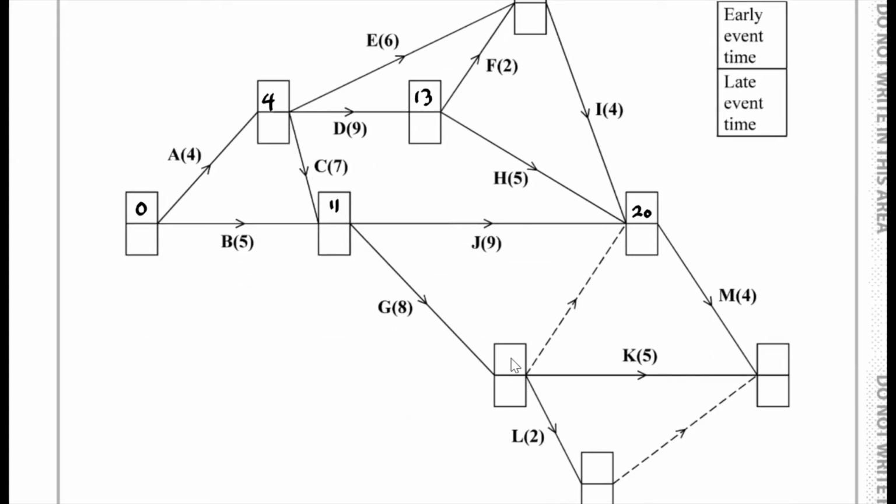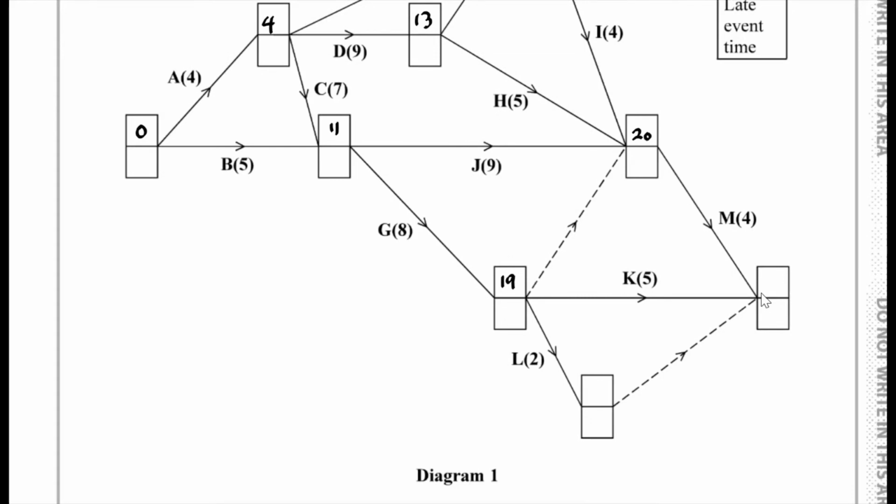If we now consider this element over here, of course, 11 plus the 8 from G, that brings us up to 19. And if we consider this final one over here, well, before that, 19 plus the 2 from L, that brings us up to 21. Here there's a couple of options.